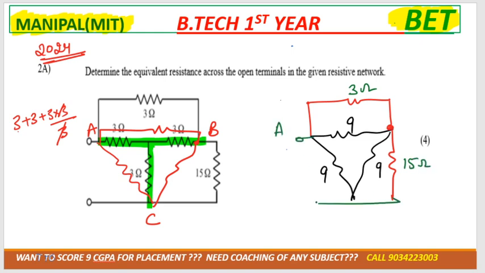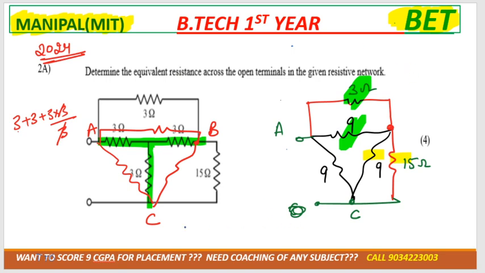So this is A and this point is C, okay? Now you can see easily that 3 ohm and 9 ohm are connected in series or parallel. Once it works out by series-parallel, fine, and if it does not work out there, we have to use star and delta, okay? 3 and 9 they are in parallel, right? Similarly 9 and 15 they are in parallel.